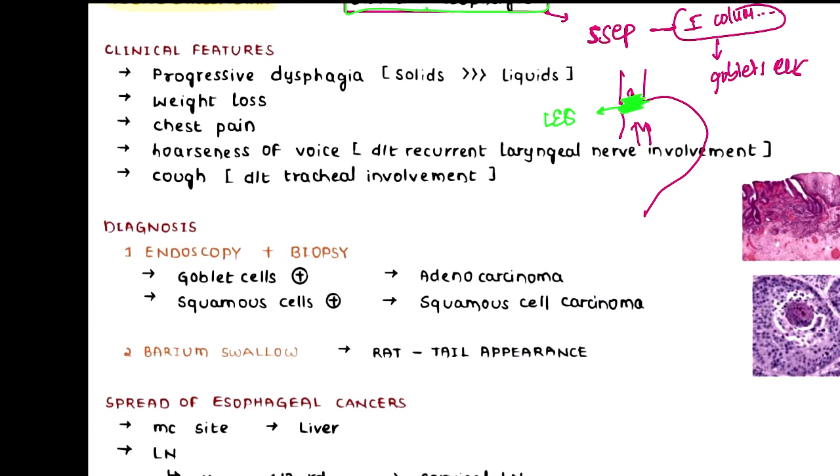While doing endoscopy, we know that there are 4 anatomical constrictions, anatomical narrowings, normally in the region of esophagus, as we have discussed in clinical applied esophagus. Out of those 4 constrictions, if we find further narrowing, then we'll confirm that here is the condition of malignancy, or esophageal tumor.